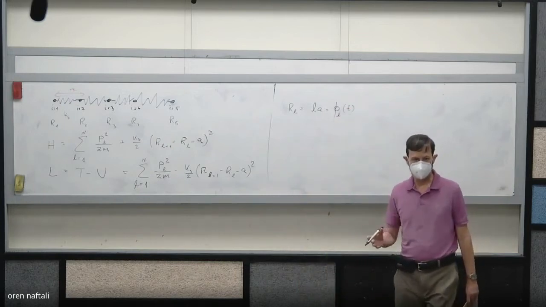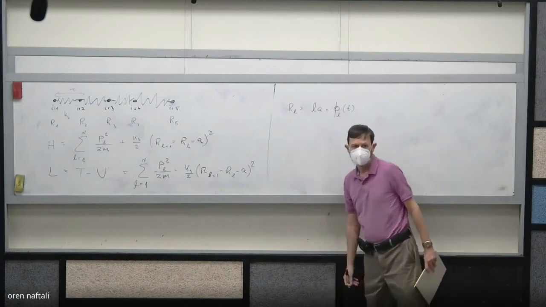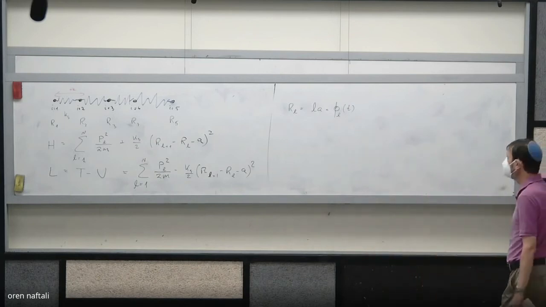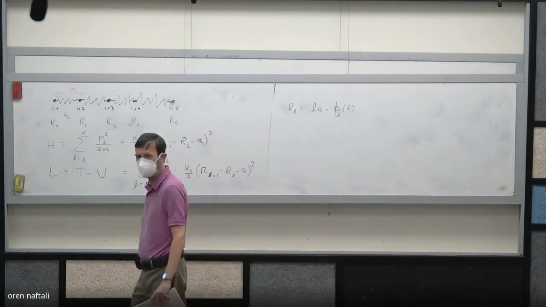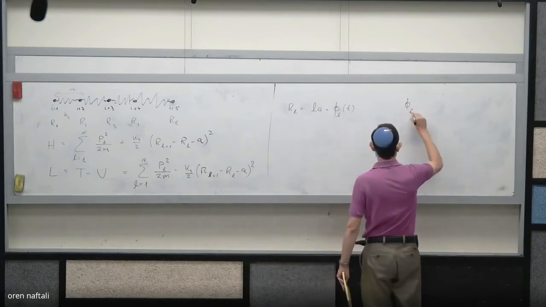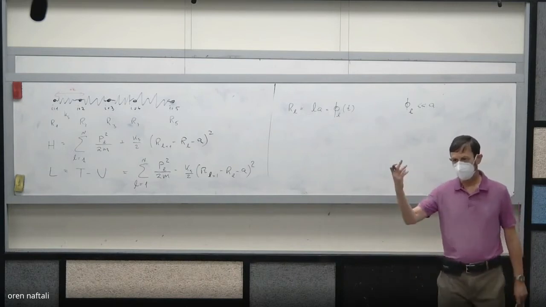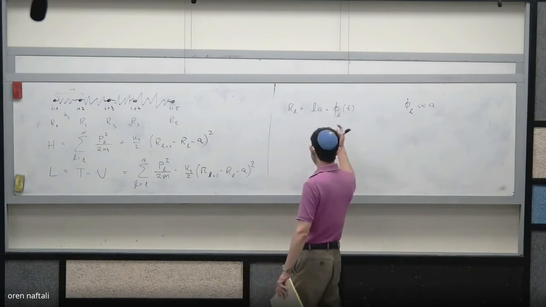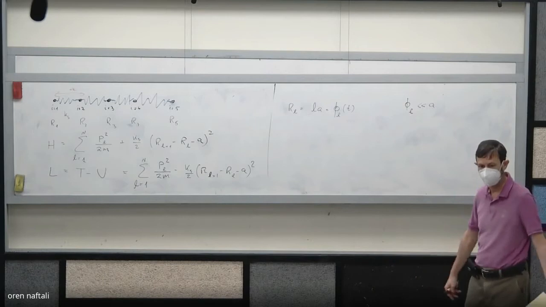For each mass we have the equilibrium point, which is the lattice point of this one-dimensional system, and it's moving by an amount phi L, which we assume is much smaller than the distance between the masses. And I'm writing T to remind myself that, of course, it might depend on time.